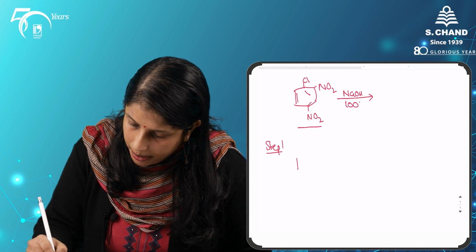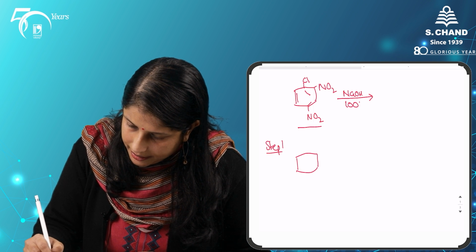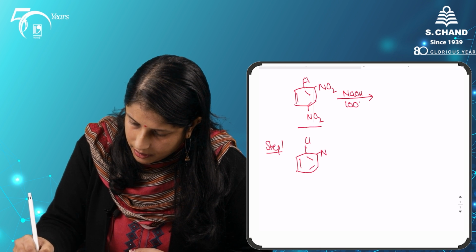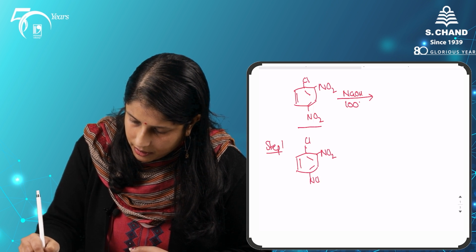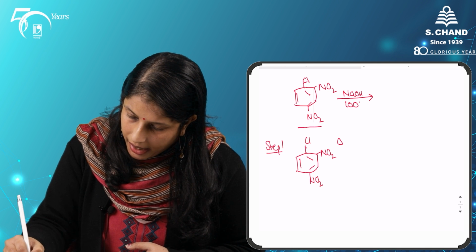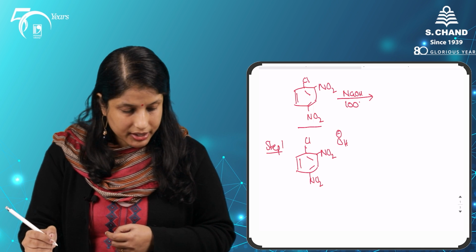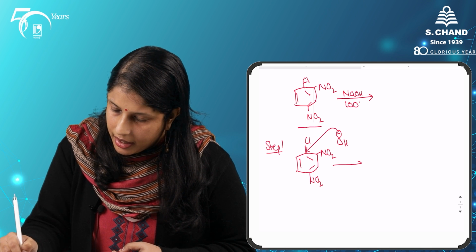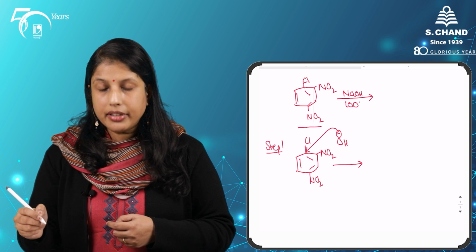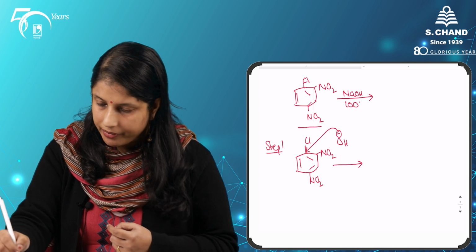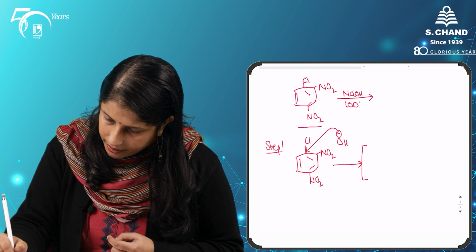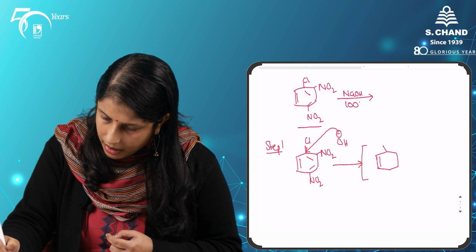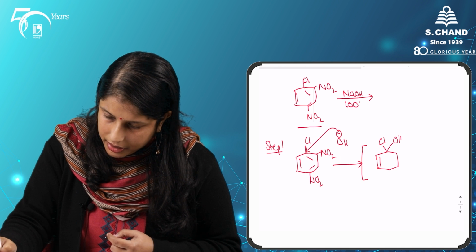So in my first step, I will have my nucleophile, which is the hydroxide ion. This is going to come and attack the carbon on the benzene ring attached to the chlorine. What do I get? I will get an intermediate with the following structure.